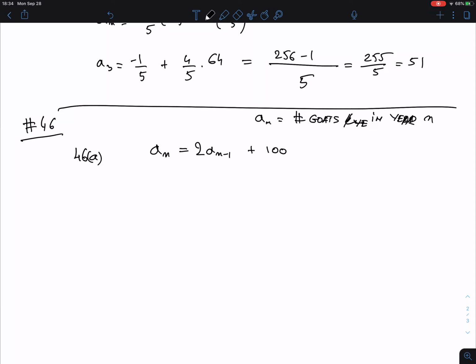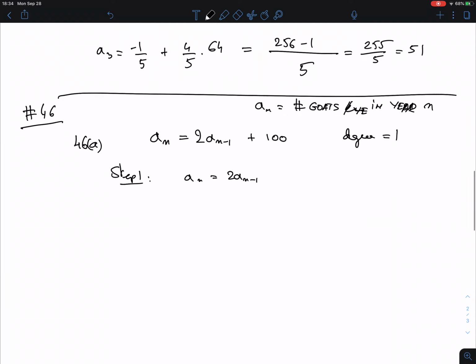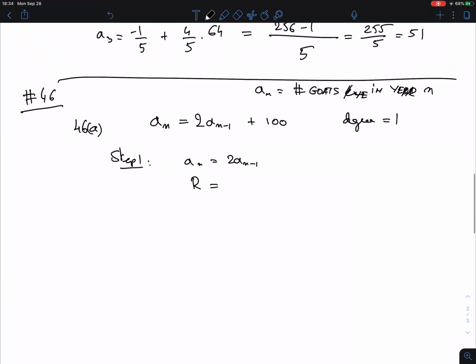So what we get is a non-homogeneous one. Okay, that takes a little time to solve, but luckily, what is the degree here? The degree is only 1, right? So it's going to make things much easier. Step 1. The homogeneous one is this one. And by the way, this is also going to make it easier for the next part C, because we're going to have the same homogeneous relation, so we don't have to do the calculation anymore. This is r equals 2.